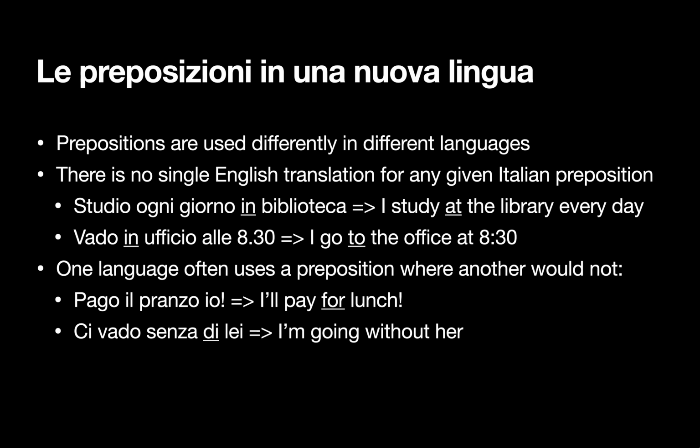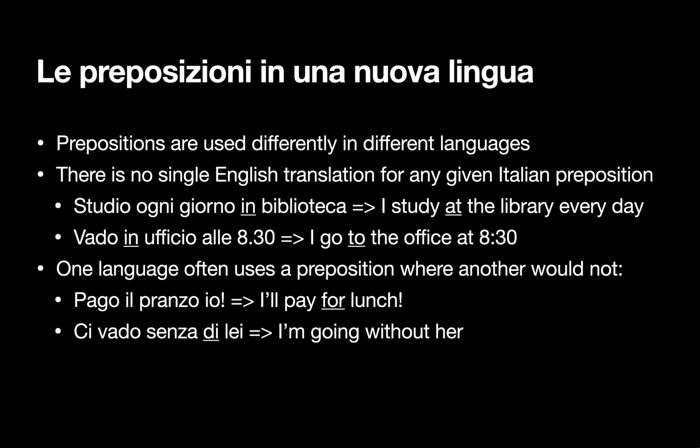So, for example, pagare, to pay for. In English, we say pay for, and in Italian, pagare includes the for in the verb. So you say "pago il pranzo io," and that's the same thing as I'll pay for lunch.